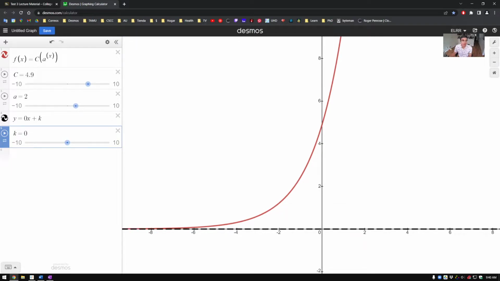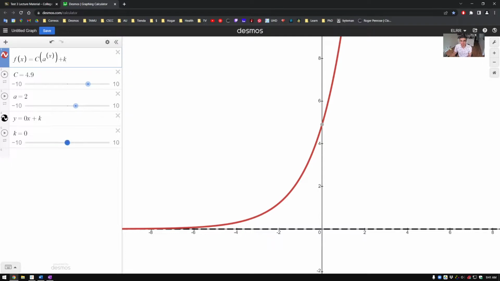Okay, so what I'm going to do is, in our exponential function on top, I'm going to add k. So I'm adding to the equation, so there is a vertical shift here depending on the value of k. If k is positive, we go up. If k is negative, then we are subtracting, we go down.